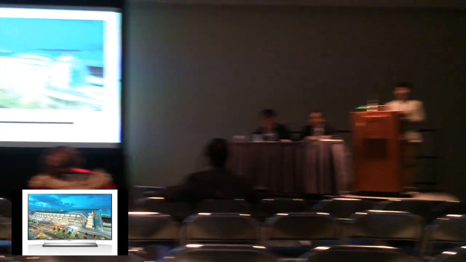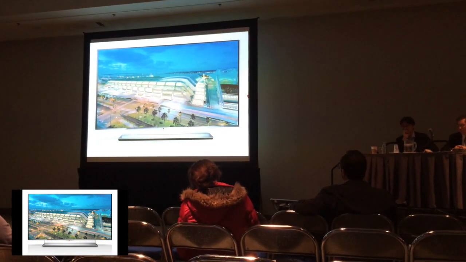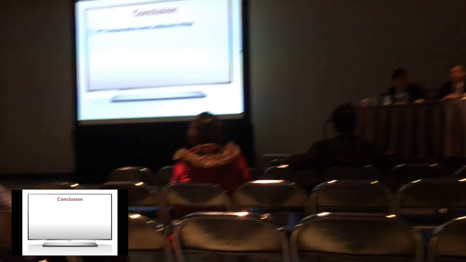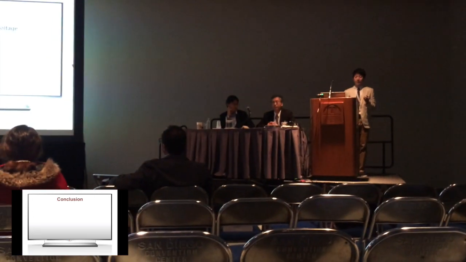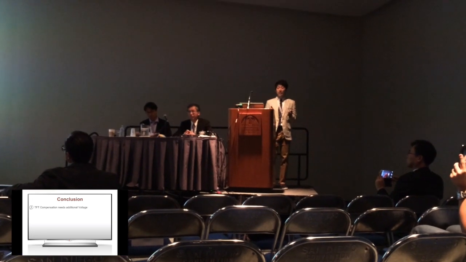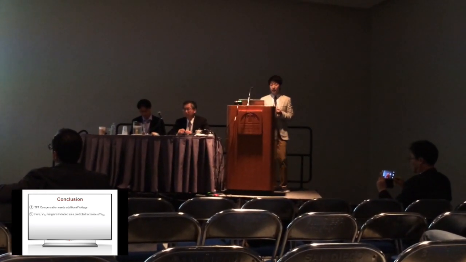You can get the conclusion in front of the scene of a beautiful city, San Diego. External TFT compensation adds additional voltage such as VTH and mobility. Here, VTH margin is included as a predicted increase of VTH.